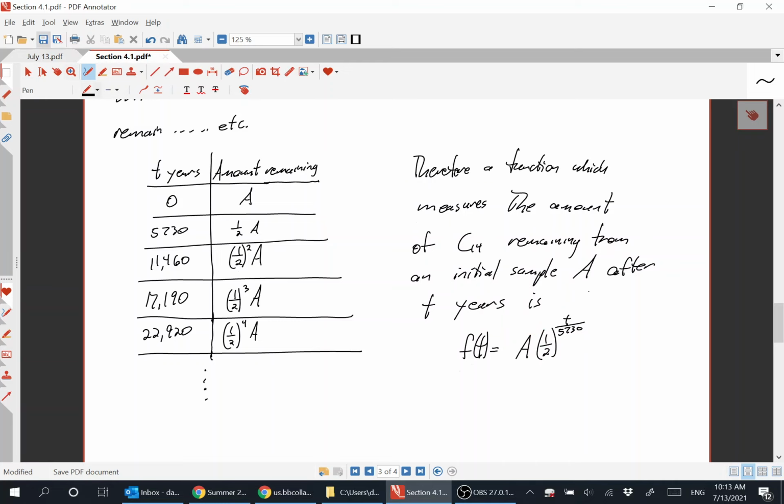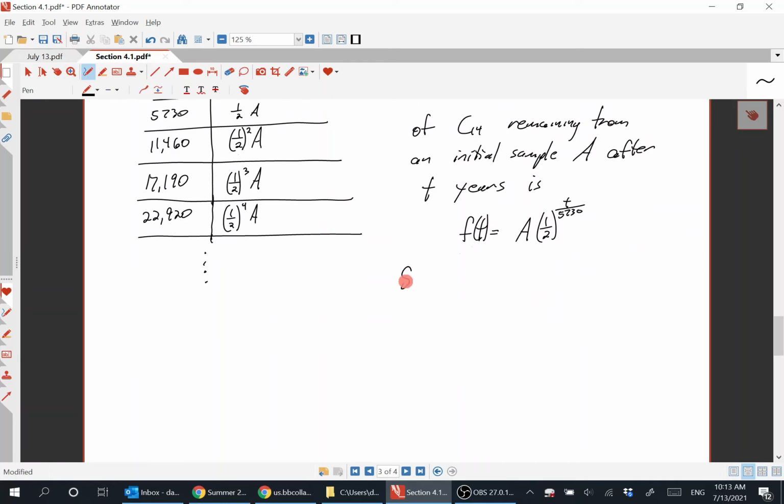So, for example, suppose we have an initial amount of 10 milligrams of C14.